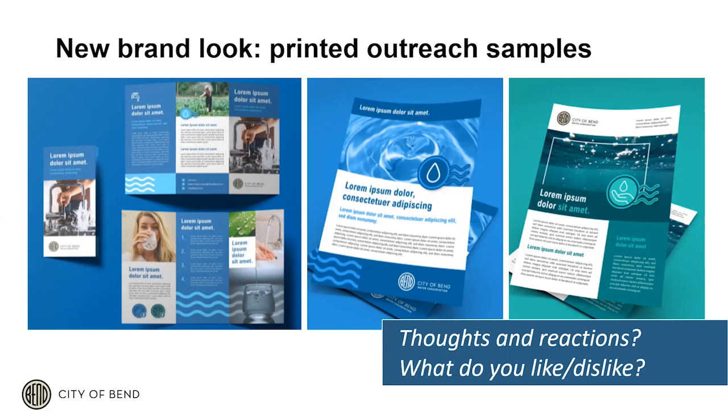Maybe we pick another version of the blue-green color scheme for the stormwater program colors as well. So we really want to be thoughtful about picking things that make you think Bend and make you think all water stuff at Bend. That's right.